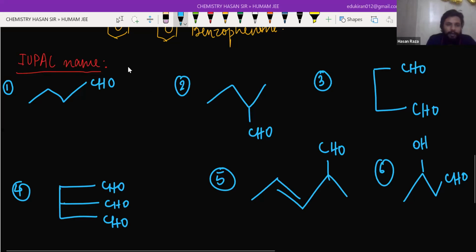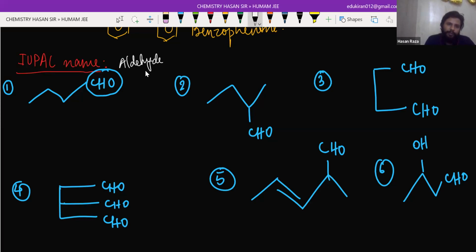First of all, always try to recognize the functional group. This is your functional group, which is aldehyde. Are you getting my point? Then count the number of carbons according to the functional group. So this will be 1, 2, 3, 4. 4 carbons are there, so for 4 carbons we write but.